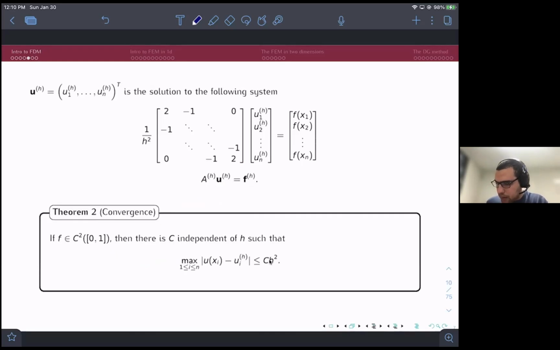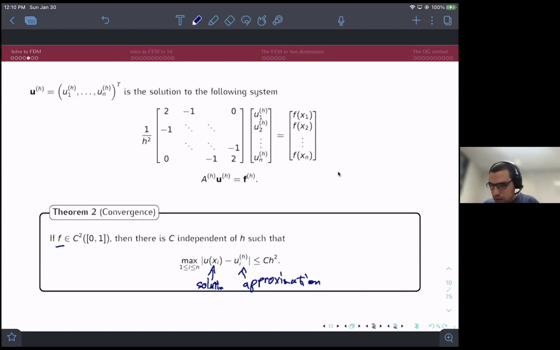Furthermore, we can prove that if my function f is in C2, the difference between the solution u and the approximation would be bounded by c times h squared, which is a good bound for most applications. If you have h equal to 1 divided by 100, you expect the error to be on the scale of 1 divided by 10,000 and so on and so forth, okay?